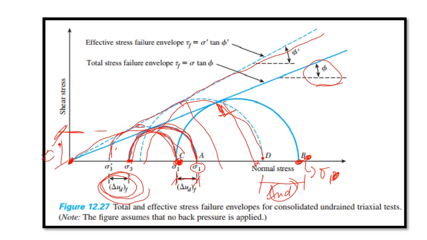This is also tangent. And you know that this is pore pressure. Alam nyo na din yung diameter ng ating Mohr circle, which is sigma 1 minus sigma 3, and so on, yung radius. So you can solve for the phi, and then yung cohesion using yung trigonometry equation natin.